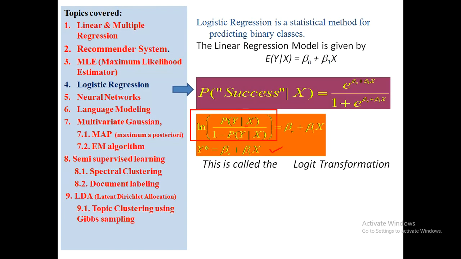So, using x and y, we first transform the value into y star, and then we apply linear regression to estimate b naught and b1. And after estimating, this y star is converted back to the probability of y given x. This is one of the ways to do logistic regression.